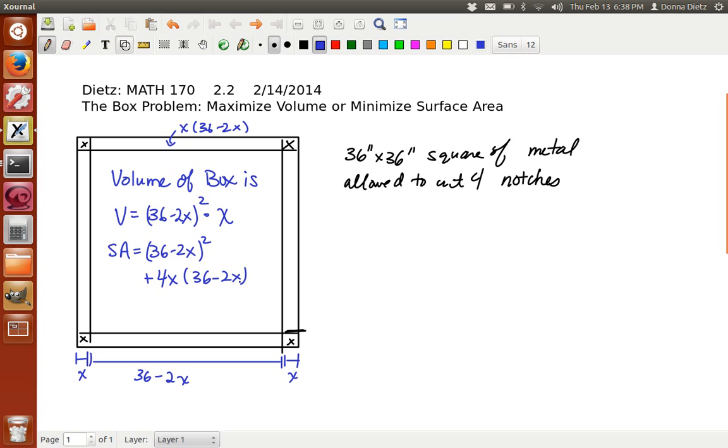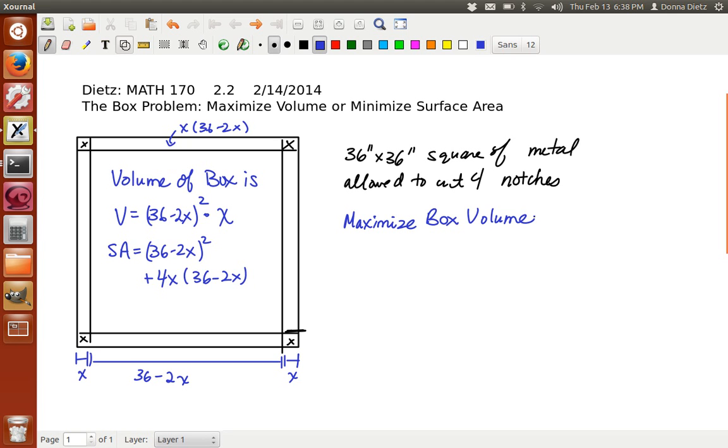And the question is, we're going to either be asked to maximize something or minimize something, right? This particular question is asking us to maximize the box volume. But this is not a calculus class. If it were a calculus class, we could find it using calculus.